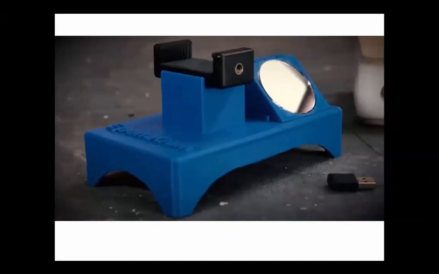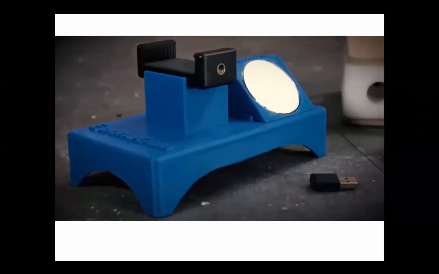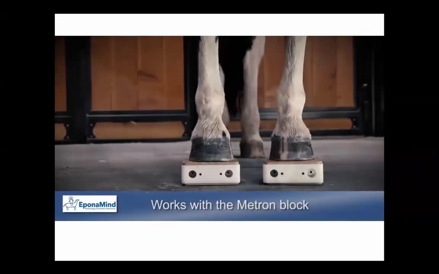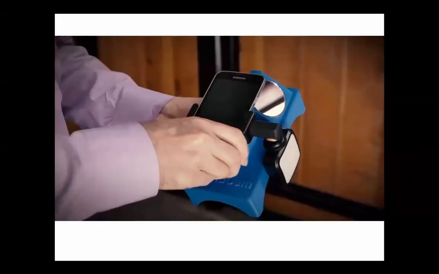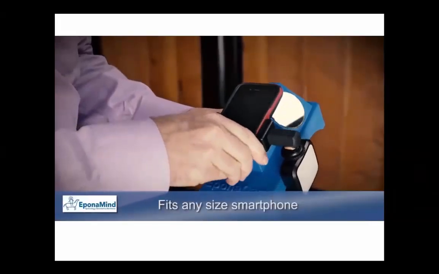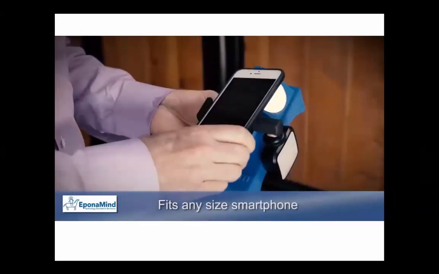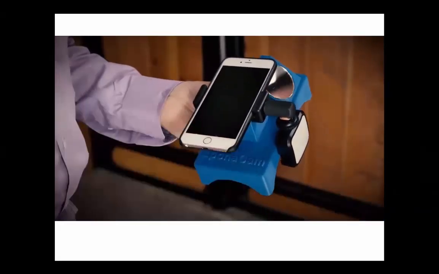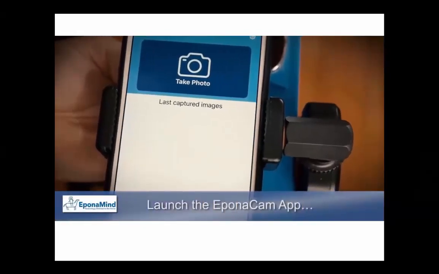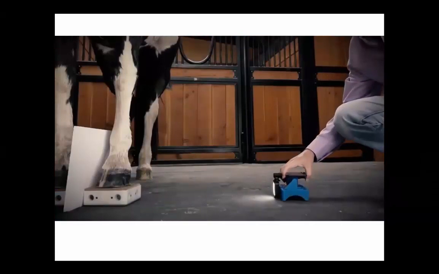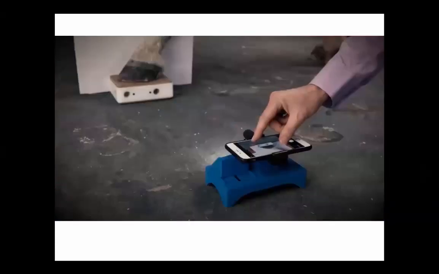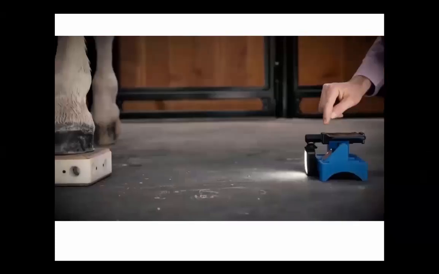Introducing Point Cam. Whether you're an owner, farrier, or veterinarian, tools to keep track of the horse's hoof are important. Point Cam is a smartphone app, along with a hardware cradle, that converts any smartphone into a hoof camera. Point Cam works with the Metron block to ensure that a perfect image of the hoof, suitable for later analysis, is captured.